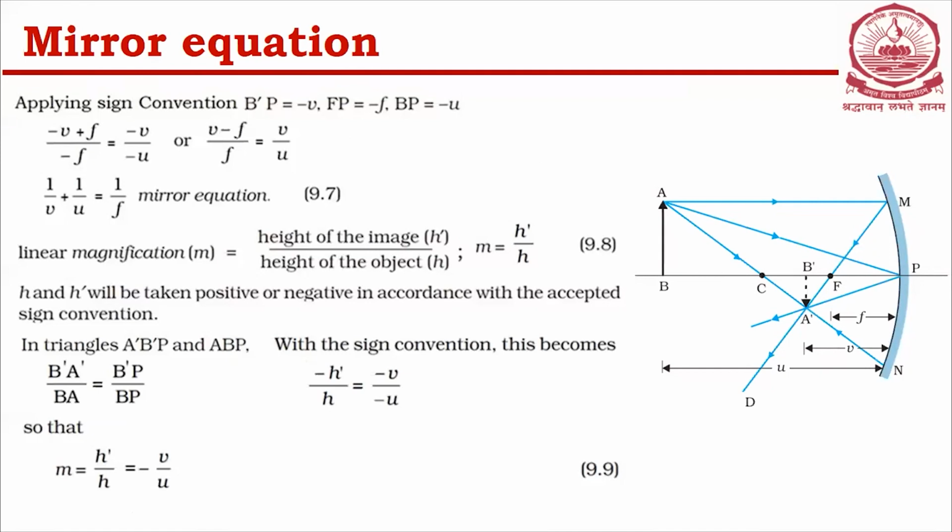Okay, then the other sign convention: BP, if you take, is also opposite to the direction light travels. It is on the x-axis in the positive direction, so here also it is minus u.